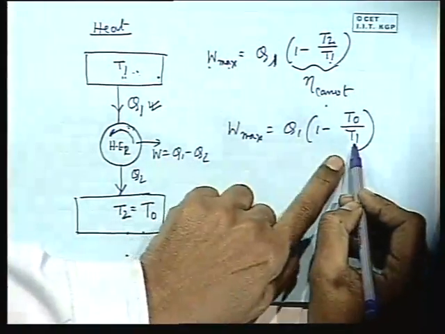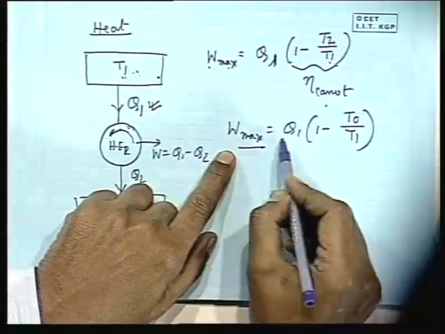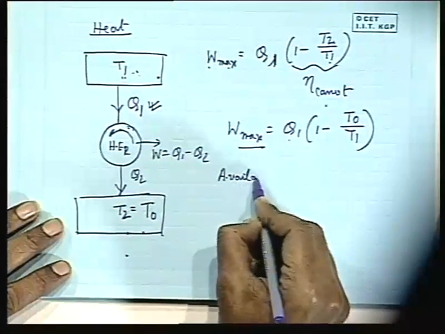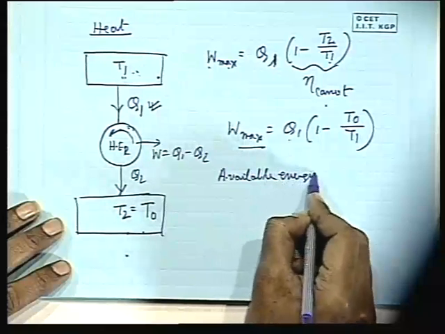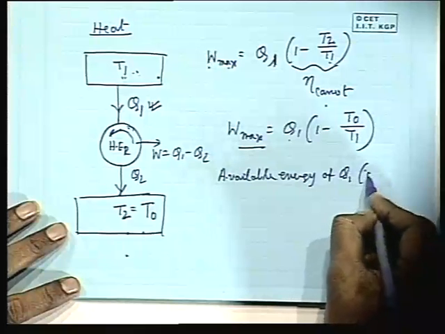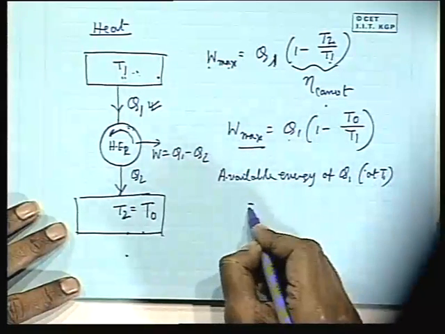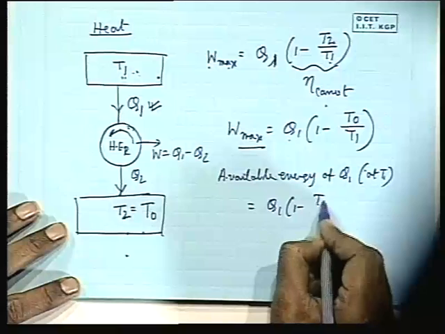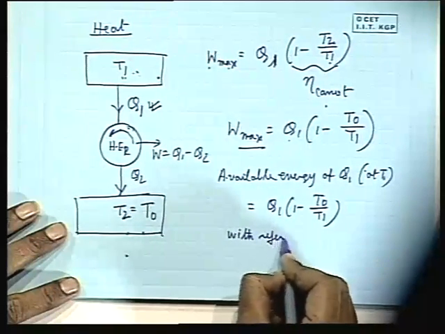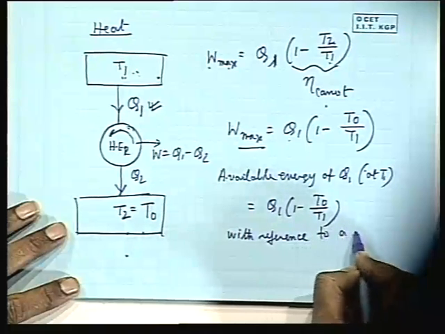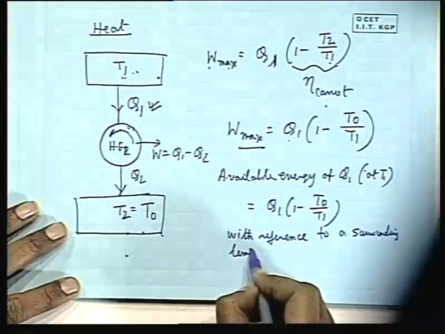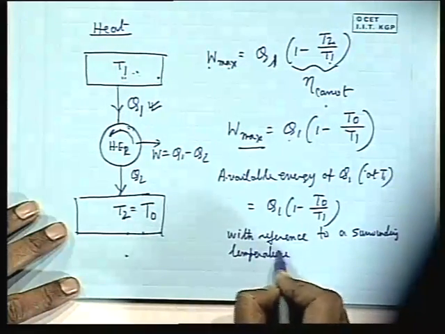Now you see, this W max is the available energy. So I write the available energy of Q1. The available energy of Q1 at T1 equals Q1 into 1 minus T0 by T1, with reference to a surrounding temperature of T0.